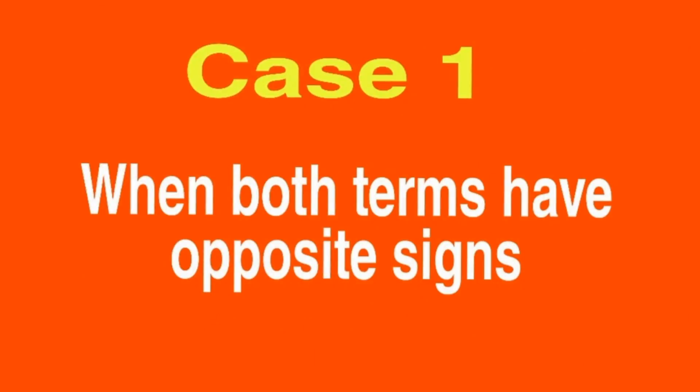Actually, when we add two polynomials or two similar degree terms, we add their coefficients. And the coefficients of the terms in a polynomial are real numbers. It means we must know how to add any two real numbers.